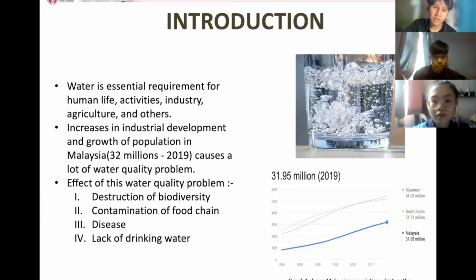This water quality problem causes destruction of biodiversity, contamination of the food chain, disease, and lack of water supply. Mainly, we can see this effect right now in Selangor.